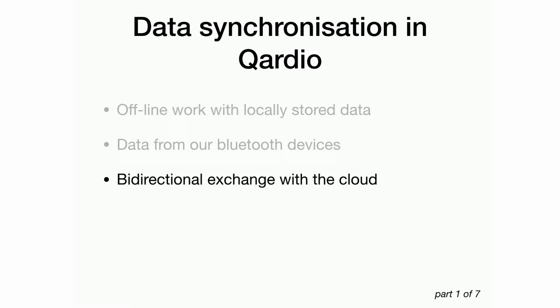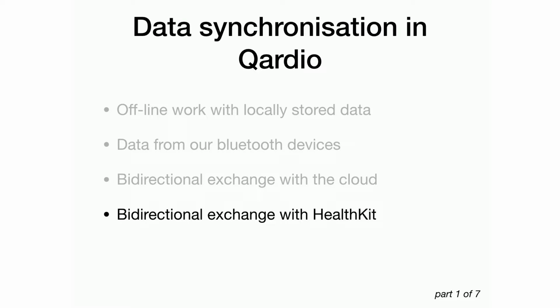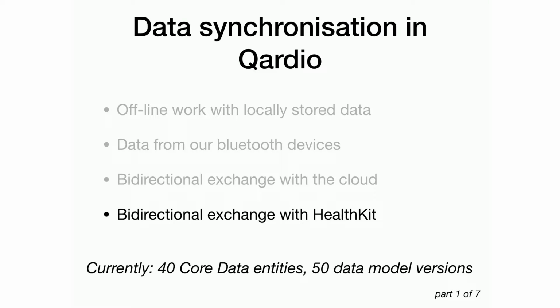We have bidirectional exchange with our backend, and sometimes it can be really heavy and go in both directions simultaneously. Then we have exchange with HealthKit, and overall we have about 40 Core Data entities like profile, settings, measurements, devices, reminders, a lot of stuff. And so far it's about 50 sequential Core Data model versions.